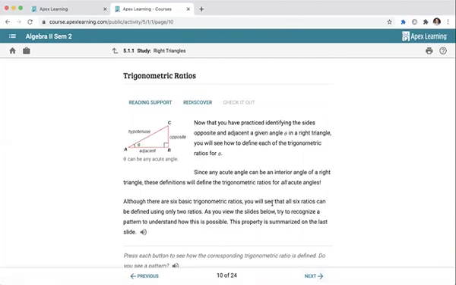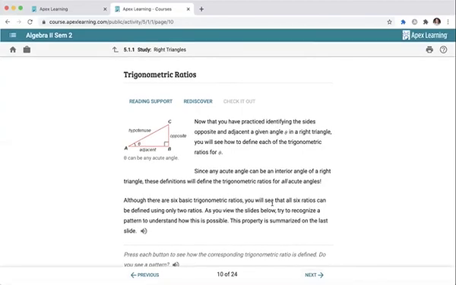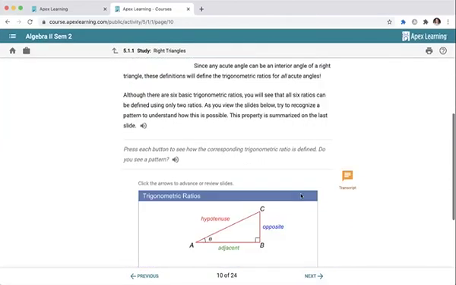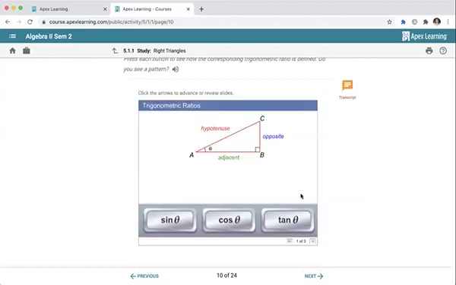Now what we can look at here are these trigonometric ratios, the 6 trig functions. First, we've got our sine, and if you remember that phrase, SOHCAHTOA, sine equals opposite over hypotenuse. So sine, opposite, hypotenuse, SOH.